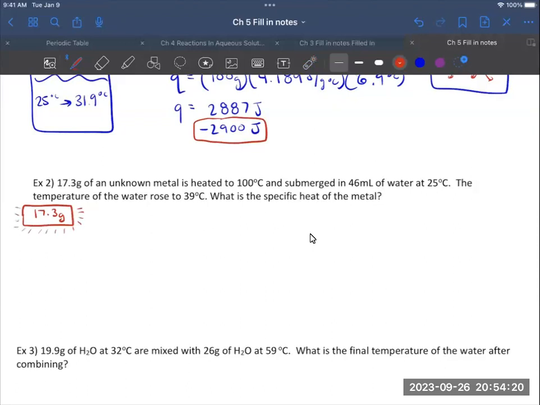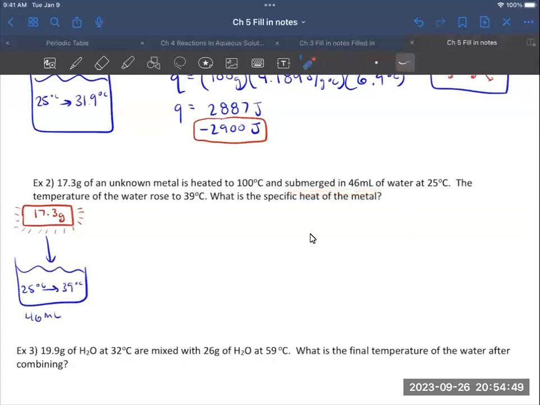It's going to be heated to 100 degrees Celsius, and then it's going to be submerged in 46 milliliters of water. That's at 25 degrees Celsius is what it started at, and then the temperature of the water rose to 39.